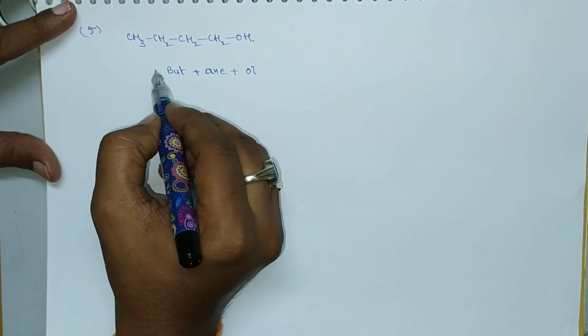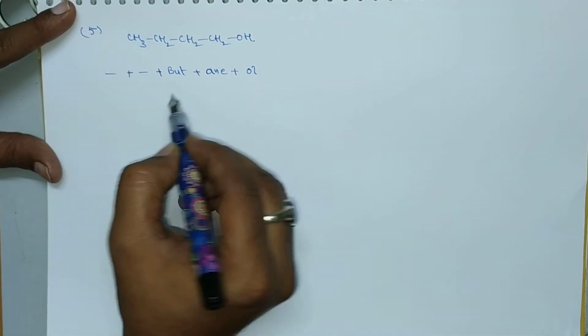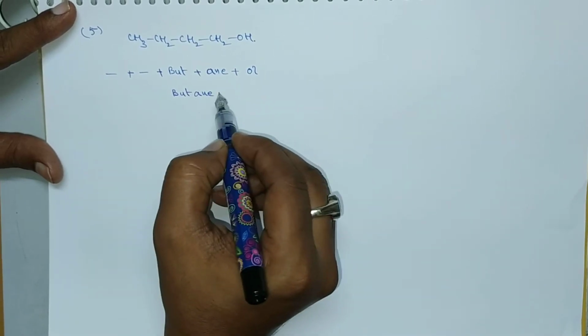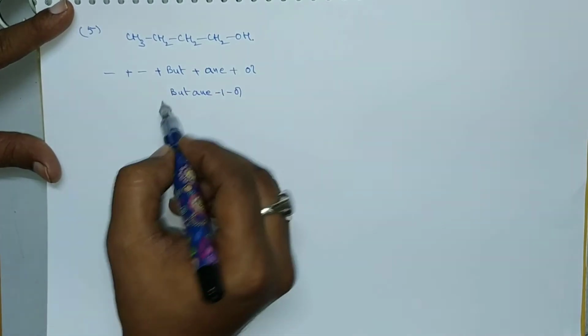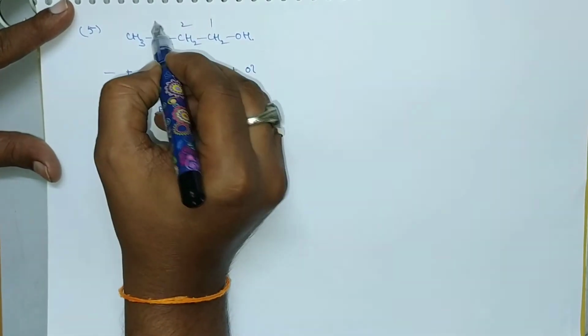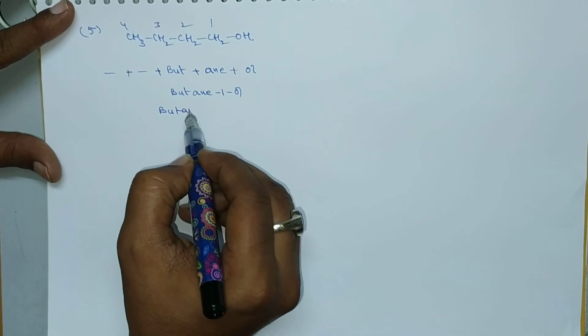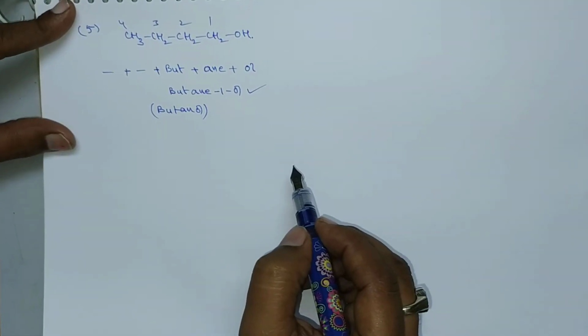Okay, clear? Before that, there is no substitution and the molecule is not cyclic. So the total name is butane plus ol, butanol or butane 1-ol. We can write it like this, or simply, since the position is 1 only, butanol also. So this one is the correct order.